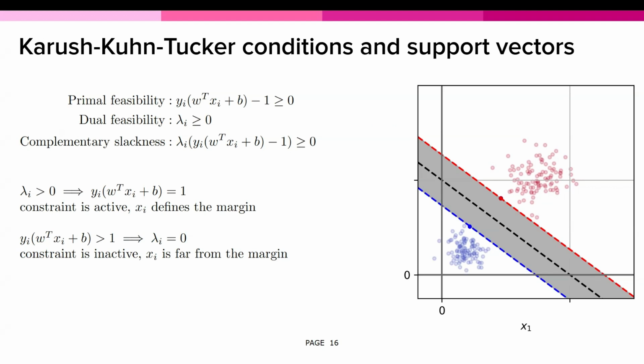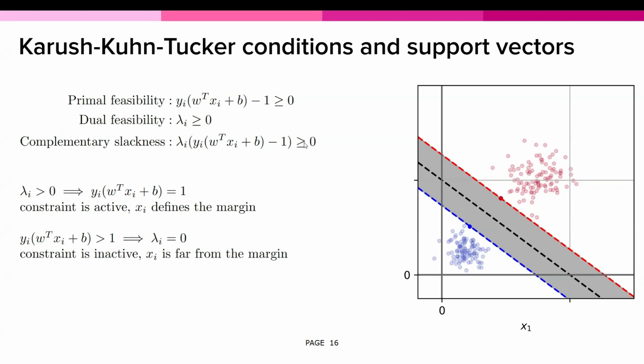There are four such KKT conditions. The fourth condition that I haven't listed here is stationarity, which ensures that the gradient of the Lagrangian with respect to the primal variables is 0. So it's important for finding the optimal solution.